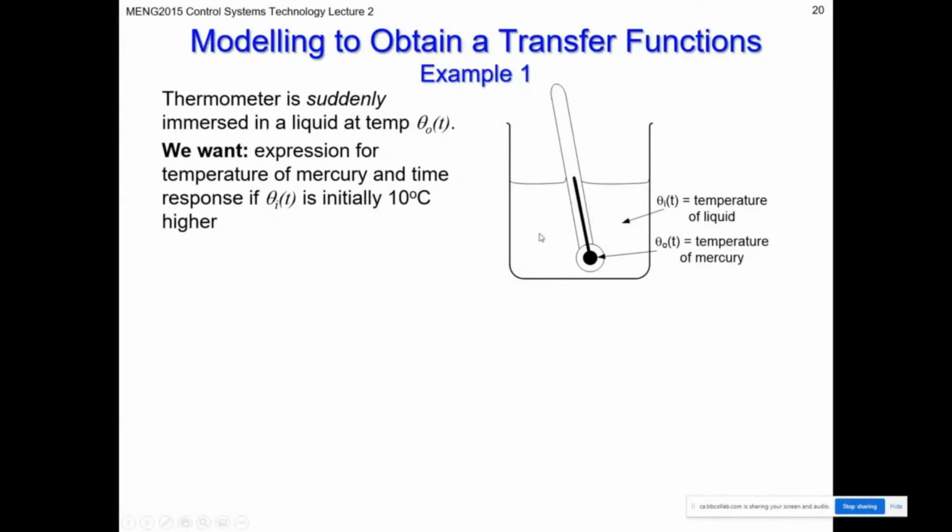We can assume that the temperature of the liquid is 10 degrees Celsius higher than ambient, which the mercury thermometer is at. So that then becomes like a step input, because at some instantaneous point in time, you're immersing this thermometer in liquid at a higher temperature. It's like a step input of heat into the mercury.